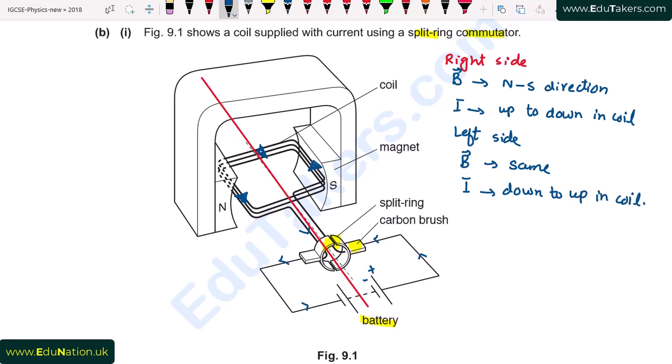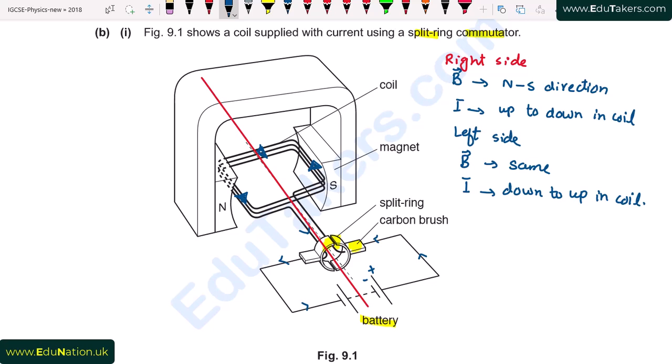So here we have to use Fleming's left hand rule. According to this, if I consider my left hand and place forefinger, middle finger and thumb mutually perpendicular to each other, then if I point my middle finger in the direction of current and forefinger in the direction of magnetic field, then my thumb indicates the direction of force.